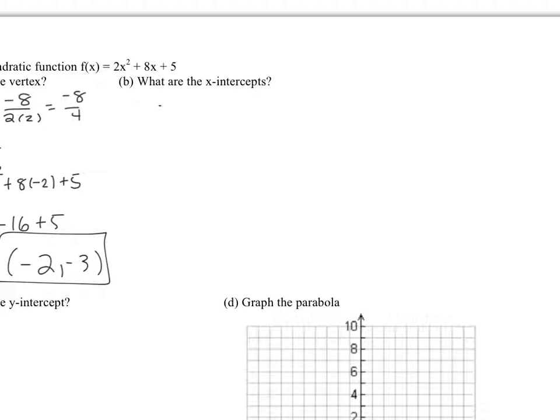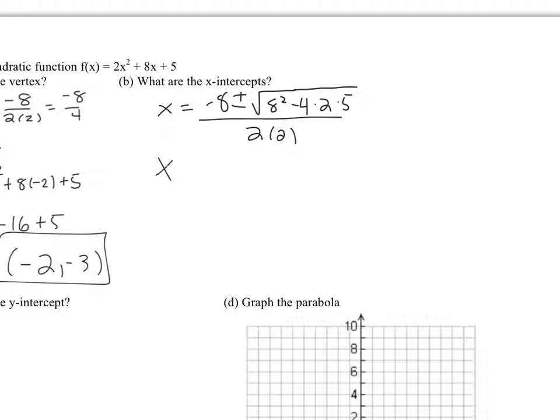So I need to look at x equals the opposite of b plus or minus the square root of b squared minus 4ac, which is 4 times 2 times 5, all over 2 times a, which is 2 times 2 here.